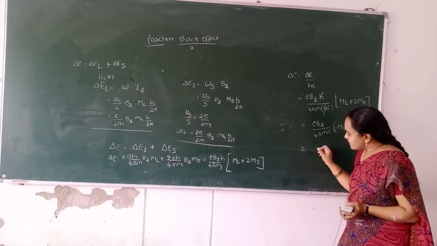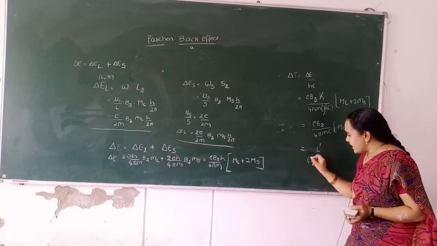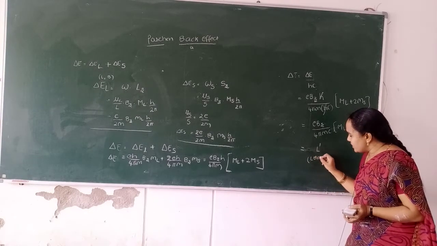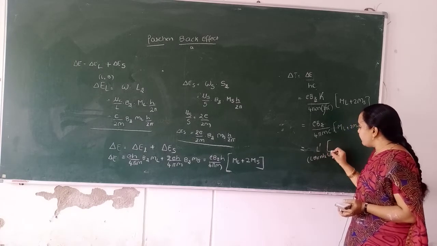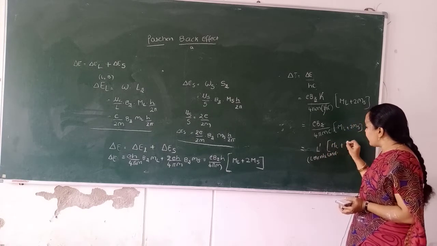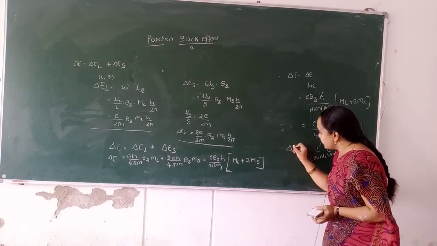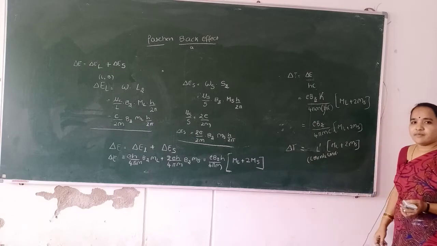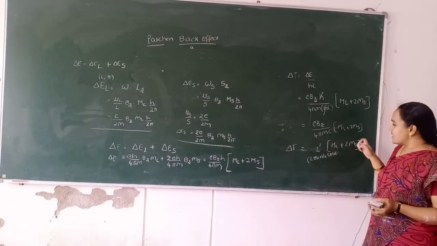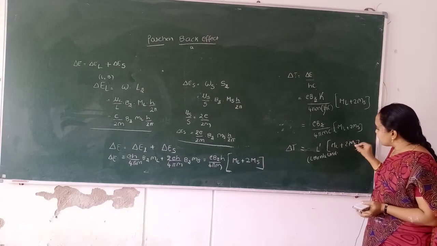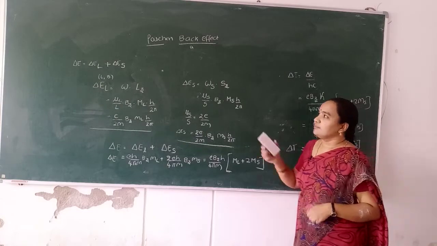All these are constants, represented with the letter L dash. L dash is nothing but the Lorentz unit, multiplied by ml plus 2 ms. That is, the separation between the two lines depends upon the ml plus 2 ms value. So this is regarding the Paschen-Back effect.